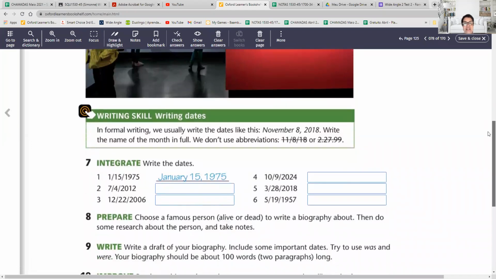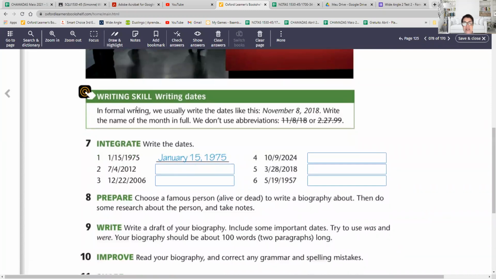So let's see, guys. This is a writing skill tip about writing dates. How do we write dates in English? In formal writing, we usually write the dates like this. Pay attention. First the month, then the day, a comma, and the year. So November 8th, 2018.